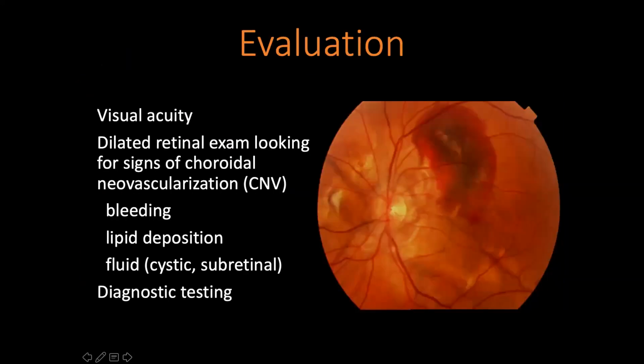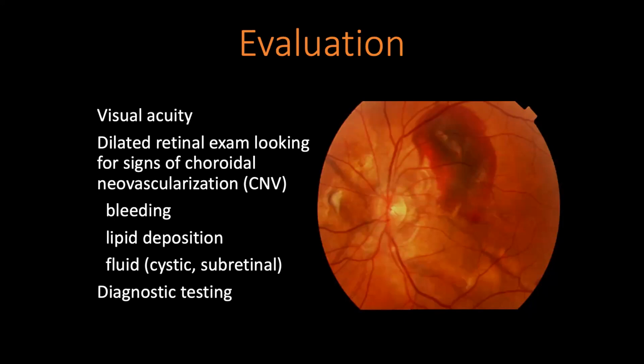This brings us to methods used to evaluate a patient in the office. Most important is, of course, the visual acuity. That's the bottom line. That's what we're trying to save for the patient. The doctor performs a dilated exam looking for signs of choroidal new vessels. These include bleeding, lipid deposition, and fluid.